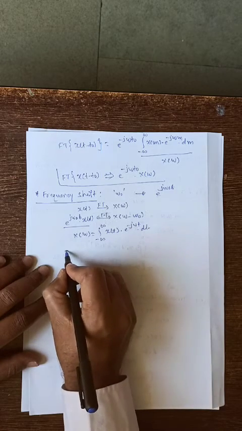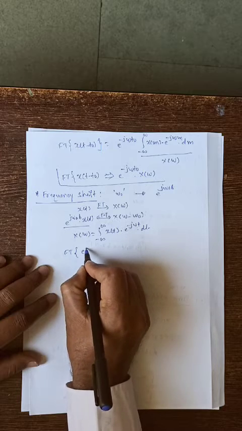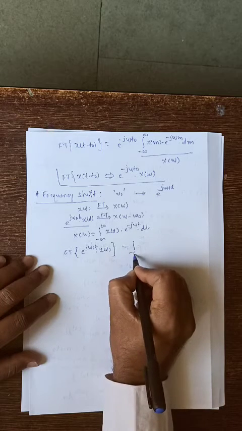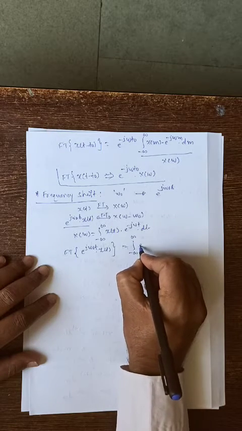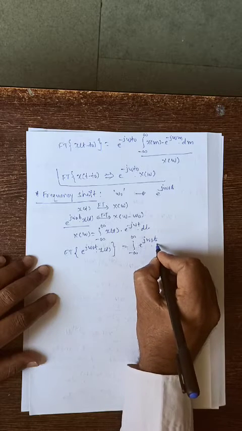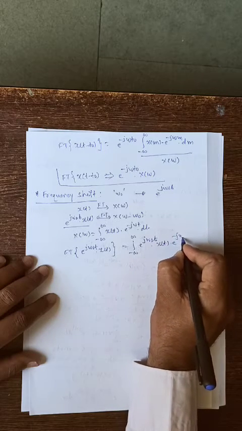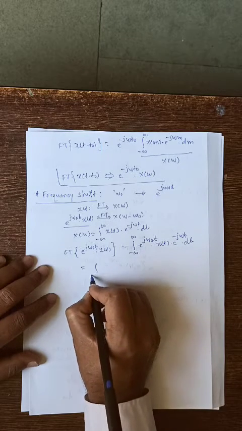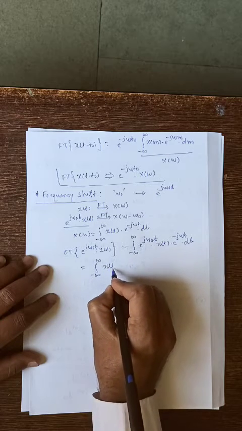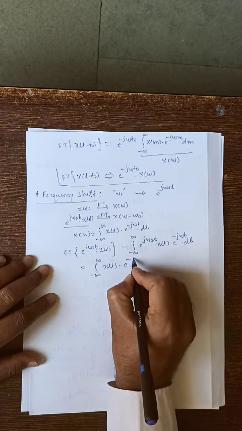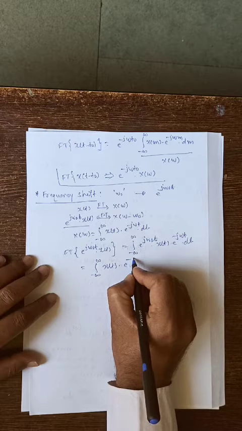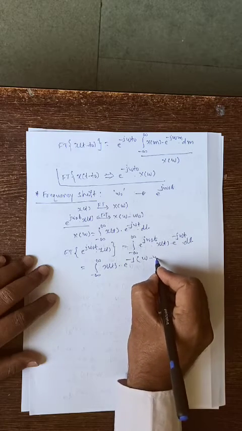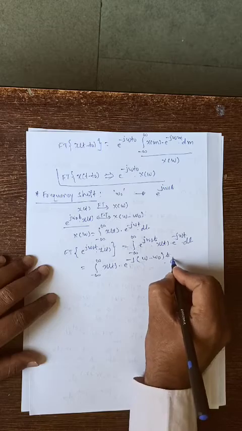Now the Fourier transform of e raised to j omega naught t into x of t is equal to, putting in the value, the integral from minus infinity to plus infinity of e raised to j omega naught t x of t e raised to minus j omega t dt, that is equal to the integral from minus infinity to plus infinity of x of t e raised to minus j (omega minus omega naught) t dt.